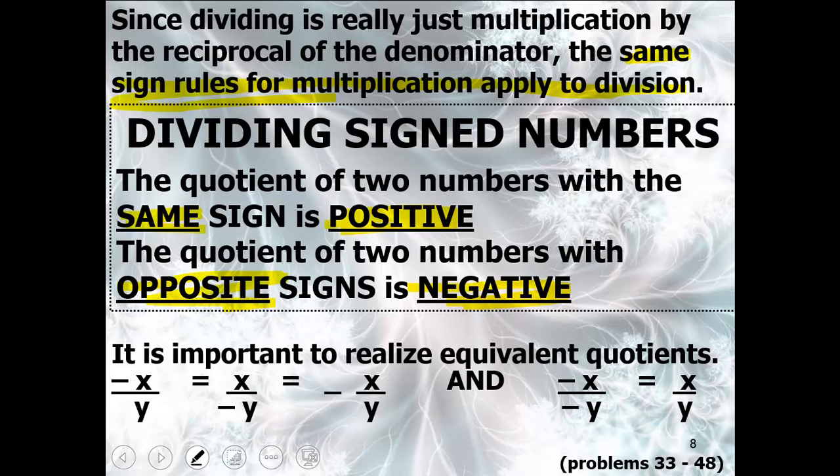It's important to realize equivalent quotients. Negative x over y has the same value as x over negative y, which equals a negative pulled out in front, x divided by y. It's the opposite of x over y. Negative x divided by negative y is exactly the same and simplifies to positive x over positive y.